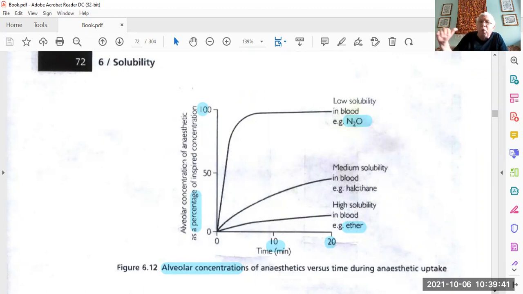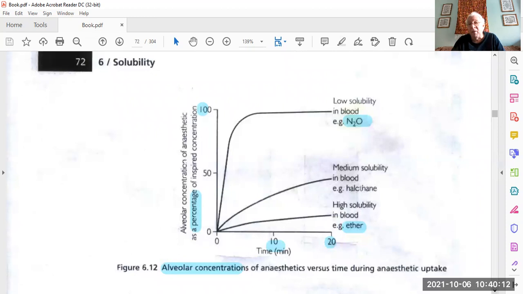But for ether, we have a much lower concentration. Why? Because ether is taken up much from the blood via the cardiac output, so not much ether tension is developed in the alveoli. This is what we call the exponential curves regarding inhalation anesthetics.